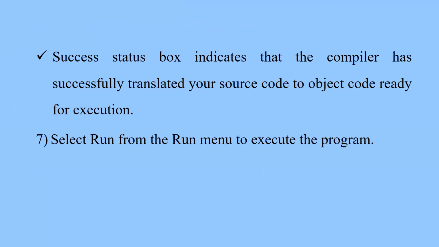Once that is successful, step number 7 is to select Run from the Run menu to execute the program. Run is the one which invokes the processor to act on the object code. In other words, once you click on Run after successful compilation, that executes your program.